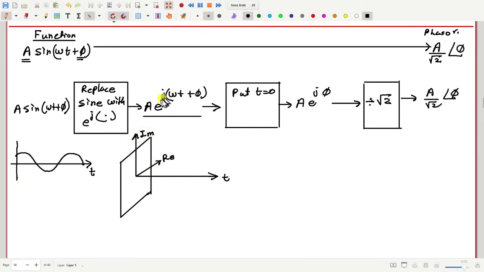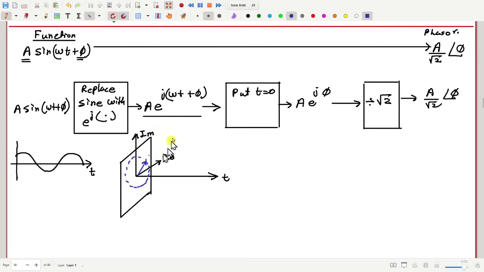Then how will this function A e to the power j omega t plus phi look like? Any idea? As time changes, this function basically rotates on the complex plane.